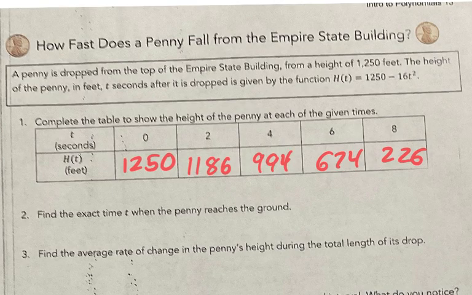Here's your table, plug in all those values. So I could go to 2, I get 1186. I go to 4, I get 994. 6 is 674. 8 is 226. They're all right there, and I'm done. Again, that's why those calculators are very important.